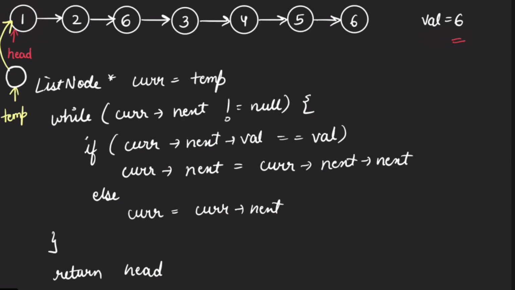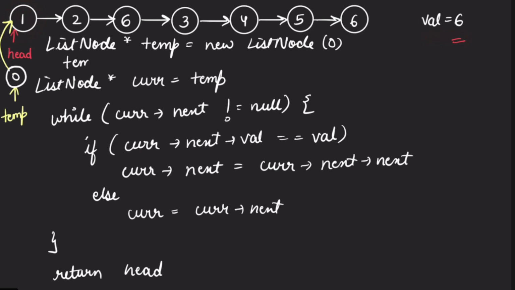See, what I did was, first I created a new node named temp. We can give it any value. So new ListNode, let's suppose I give it the value 0. Then in temp's next, we will add head, so this temp node's next will be pointing to the head. Then this current we will start from temp instead of head.